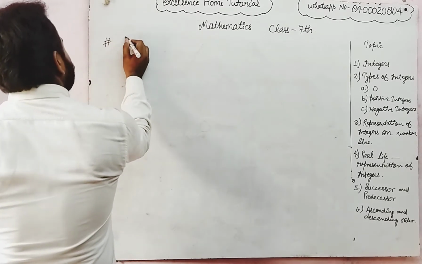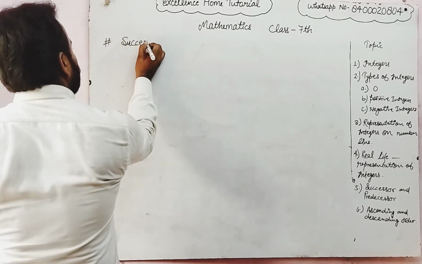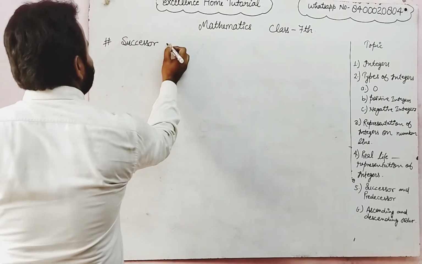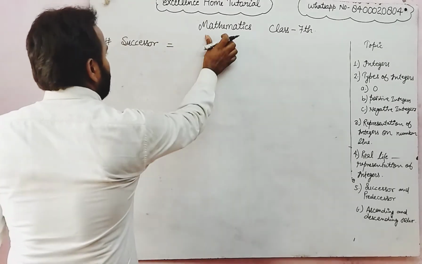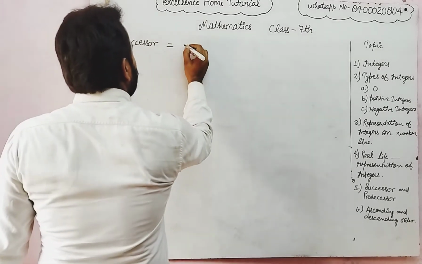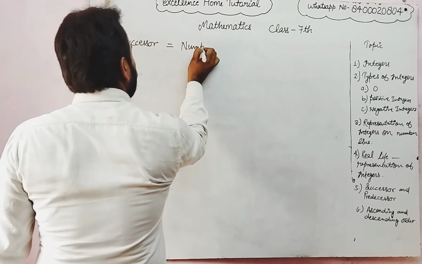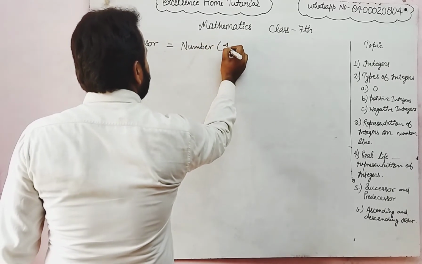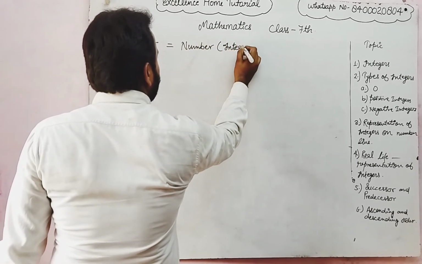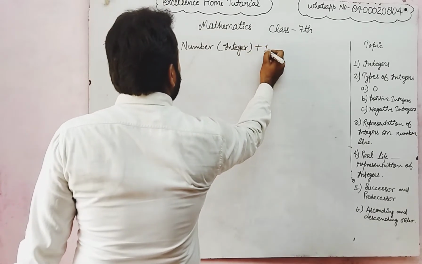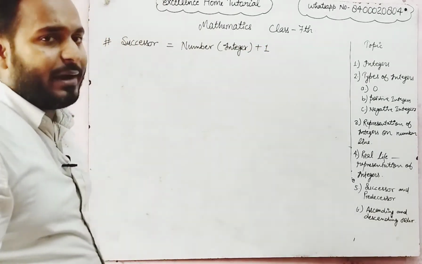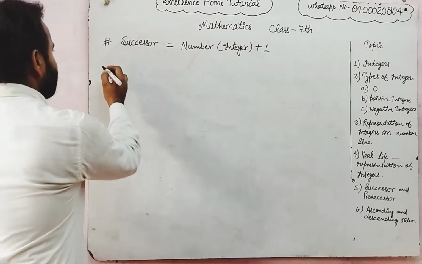Next topic is successor. Successor is a number which is obtained by adding 1 to the given integer, that is, by adding +1 to the original number.